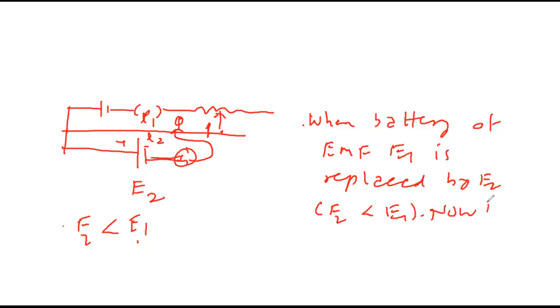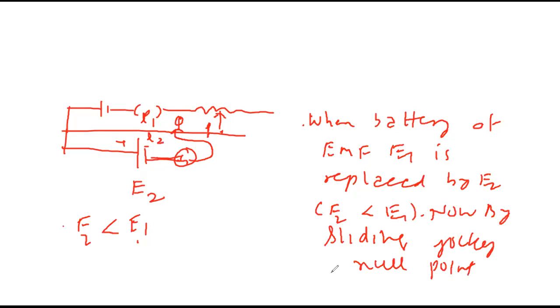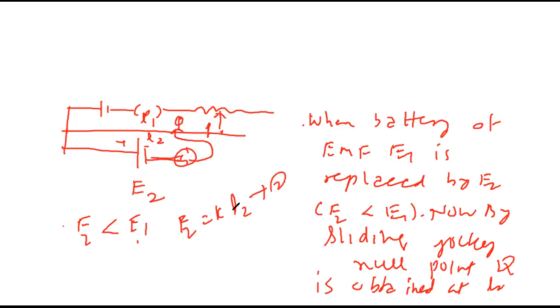Now by sliding jockey, null point Q is obtained at L2. So we can say E2 equals KL2, equation 2. So E1 upon E2 is KL1 upon KL2.